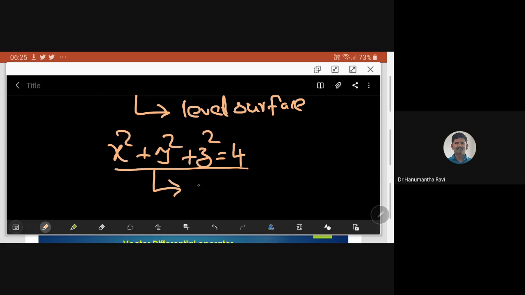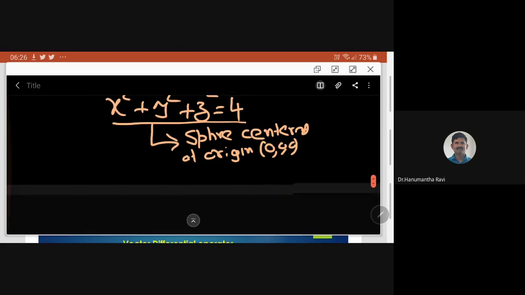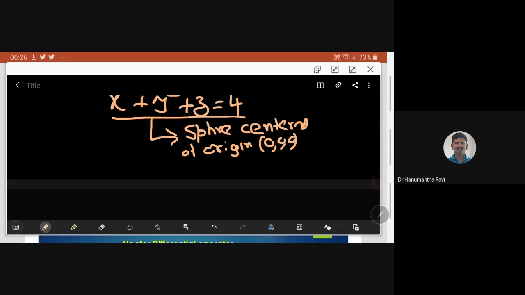This represents a sphere centered at the origin, with radius 2.